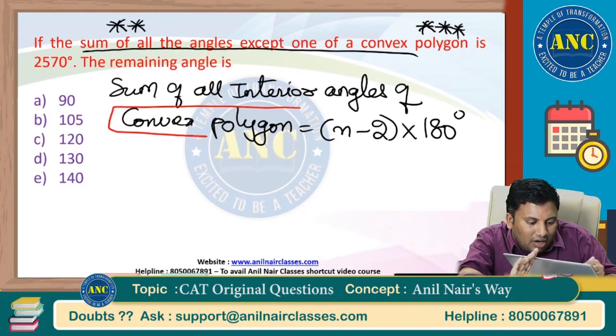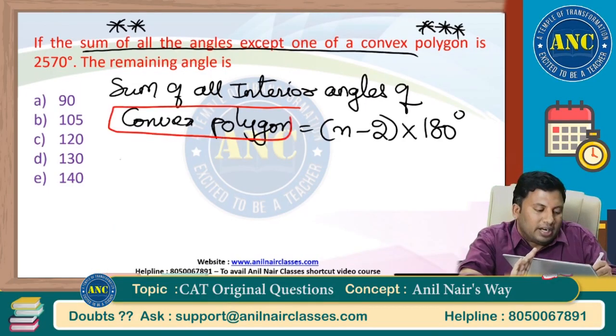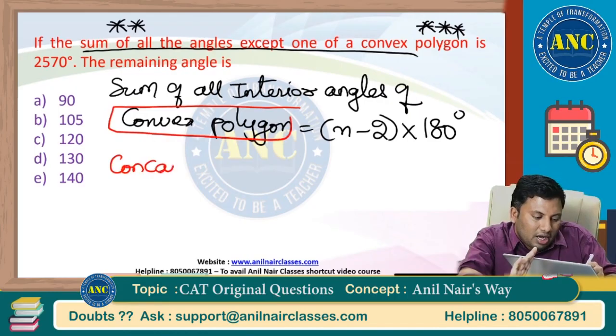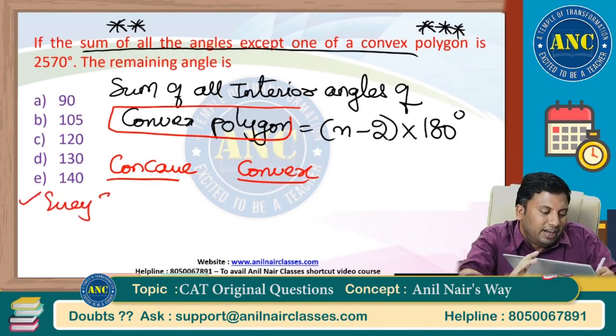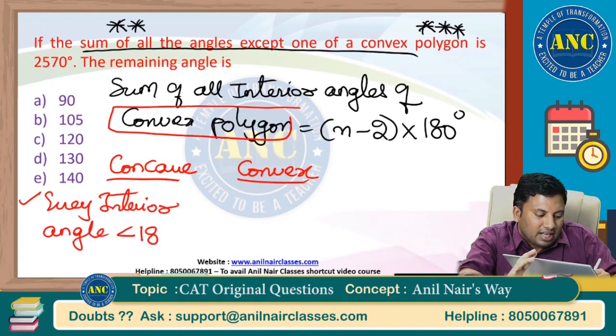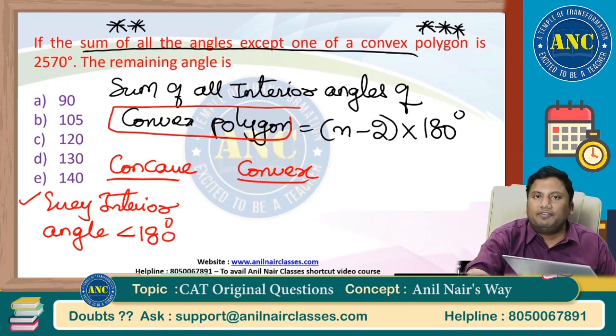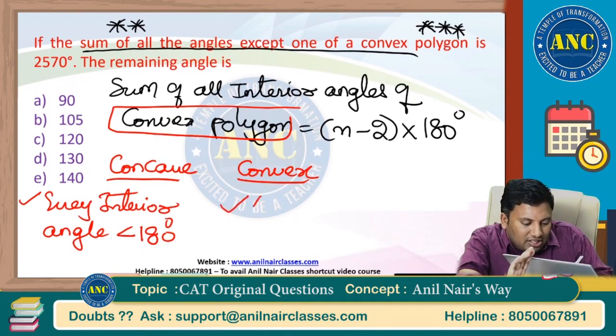It is a convex polygon. You need to understand the difference between a concave polygon and a convex polygon. In a convex polygon, every interior angle is less than 180 degrees.